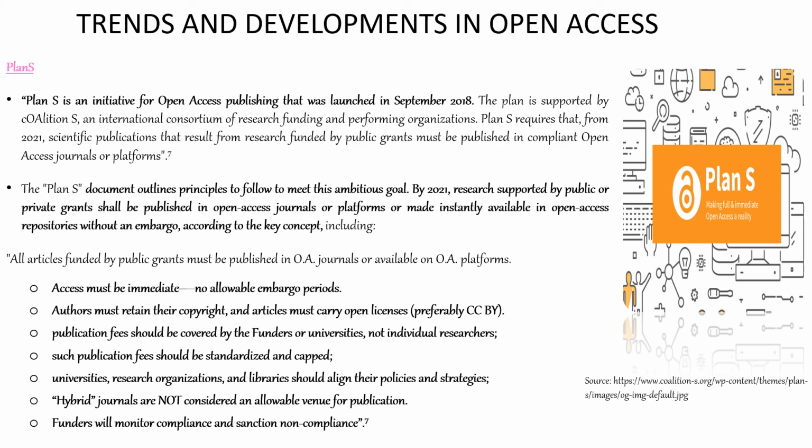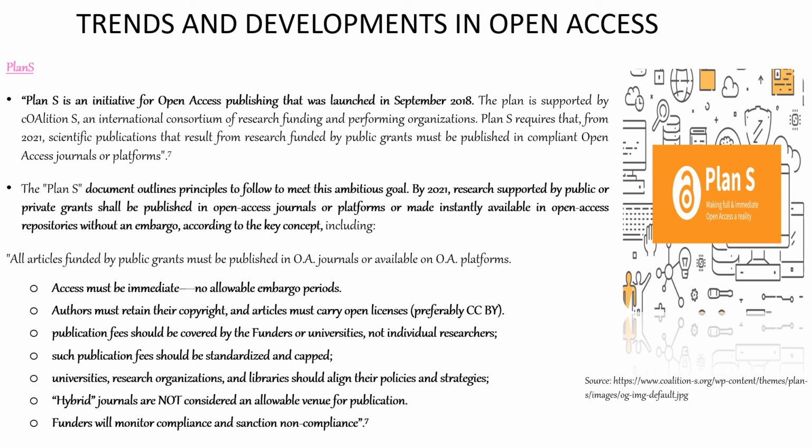So what points does it include? It says that access must be immediate, with no allowable embargo periods. Authors must retain their copyrights and the articles must carry open access licenses, that is, by using Creative Commons licenses. CC BY, that is attribution, is the one which is preferably used. Next, the publication fee should be covered by the funders and the universities and not only the individual researchers.